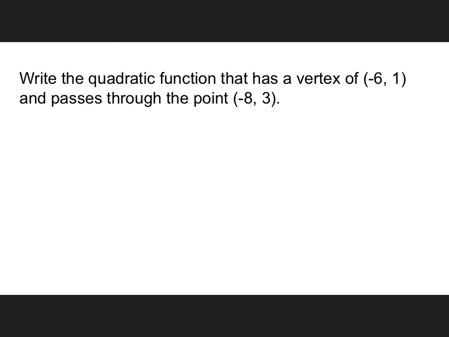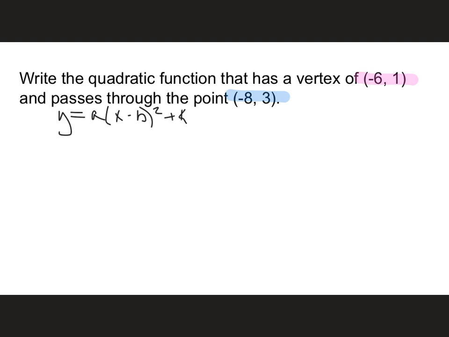So we have another quadratic function with a vertex of negative 6, 1, and it passes through the point negative 8, 3. So we're going to try to color code this. I'm going to write the vertex in pink, and the x and y I will write in blue. So let's start with vertex form. y equals a times x minus h squared plus k.